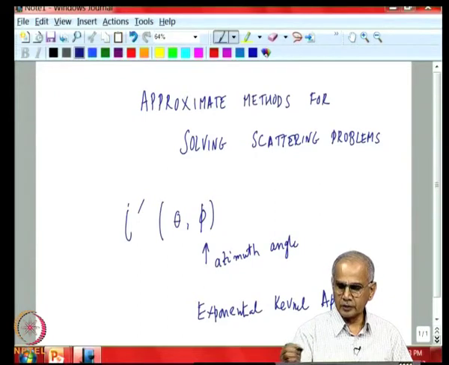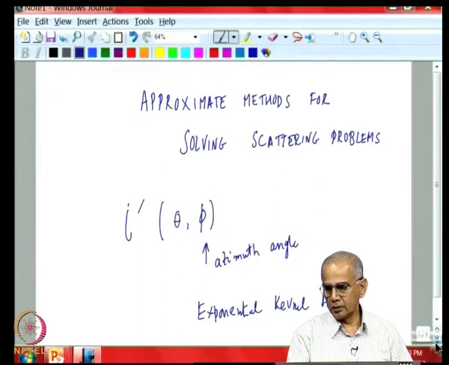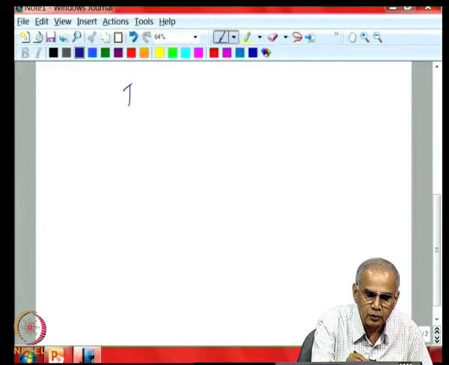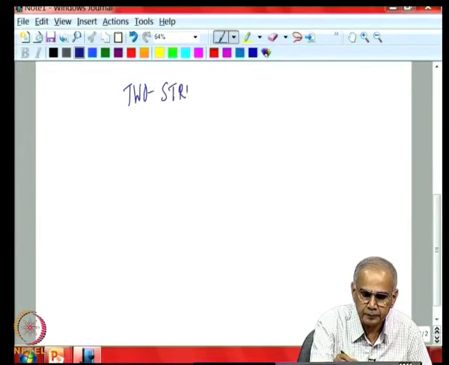Now, in order to explain how scattering problems are dealt with, we take the simplest example of the two-stream method, which we had discussed earlier, and we will continue this discussion today.